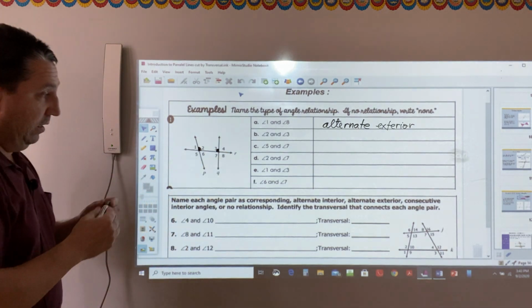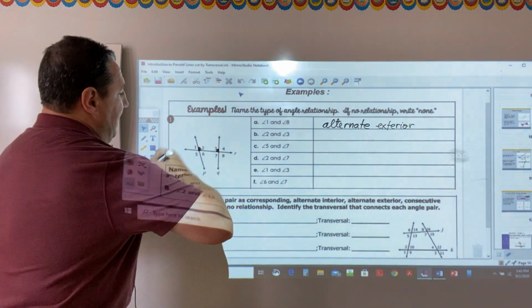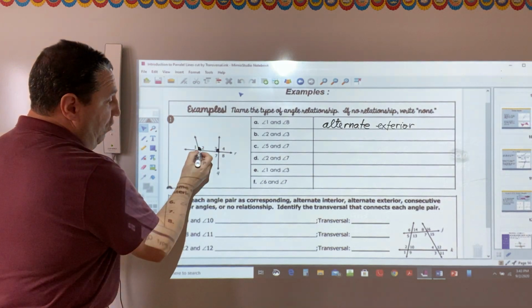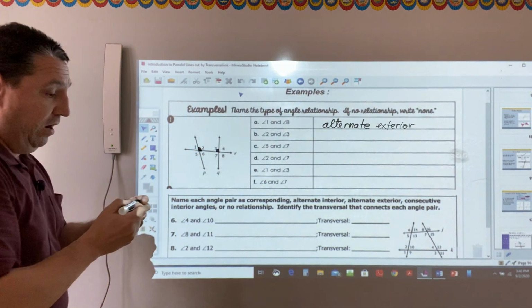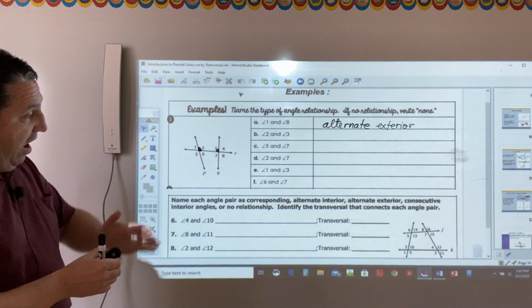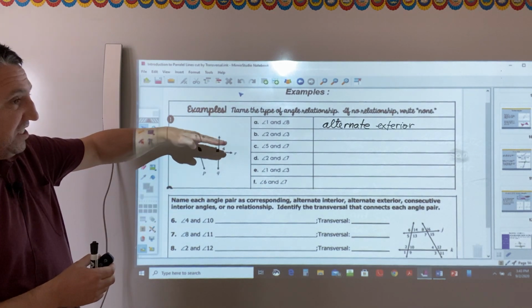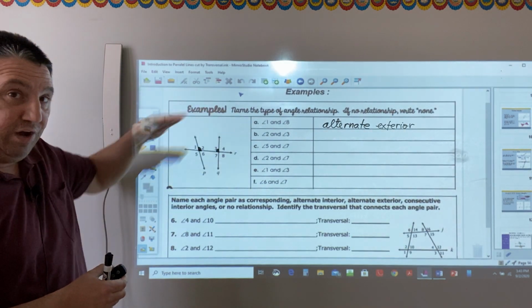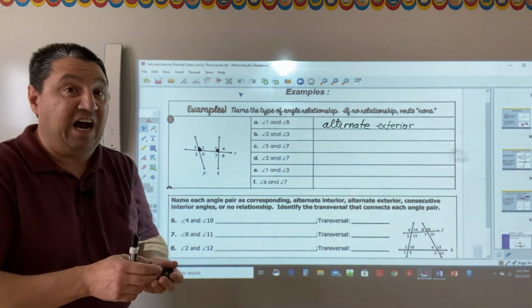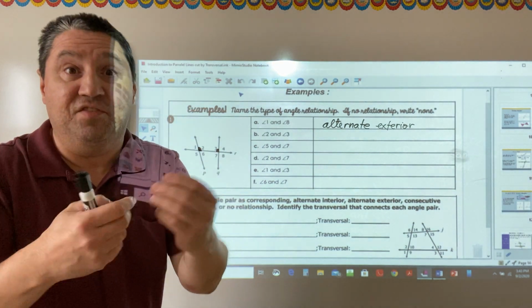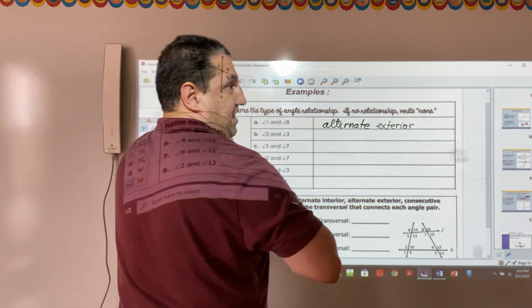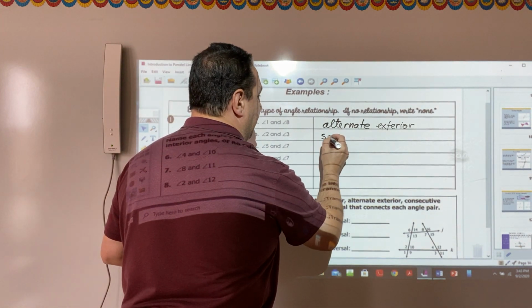Good. As we can see, both angles are on the same side of the transversal, right? So because they are on the same side of the transversal, they are same side.